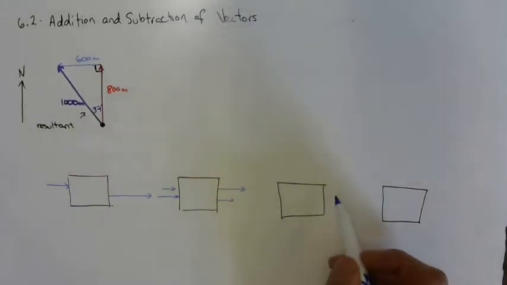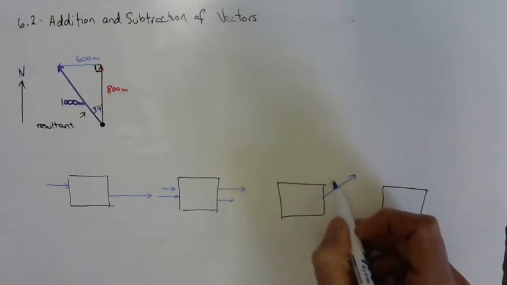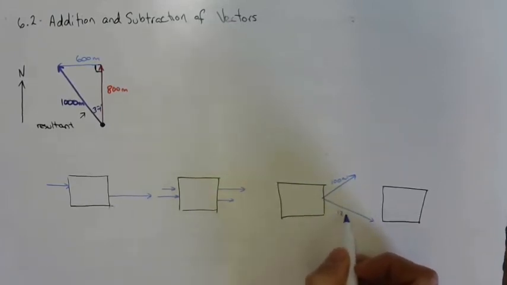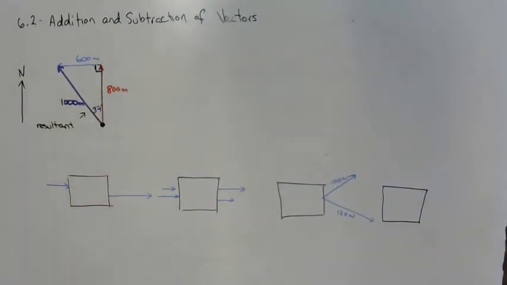But then we start to get into some more interesting things where, let's say, one vector is acting on the object with a force of 100 newtons heading this direction, and the other vector is pulling on the object with a force of 120 newtons in this direction. Well, then we start to get into some geometry, and we'll tackle those things in the rest of this lesson.